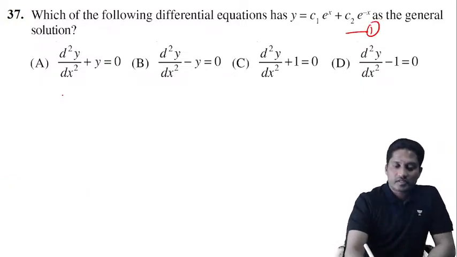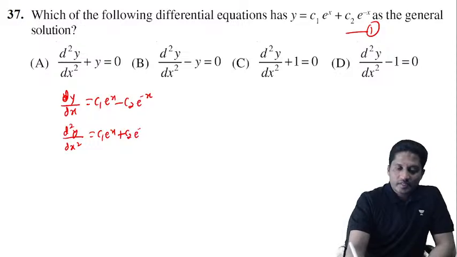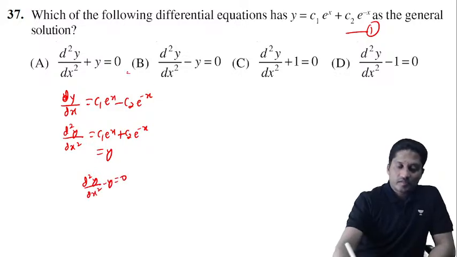If I differentiate once, dy by dx is equal to c1 e power x minus c2 e power minus x. If I differentiate once again, d square y by dx square is equal to c1 e power x plus c2 e power minus x. It's the same as y. That is d square y by dx square minus y equal to 0. Answer is option B.